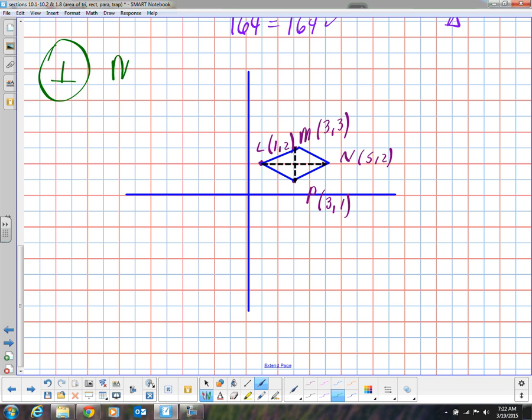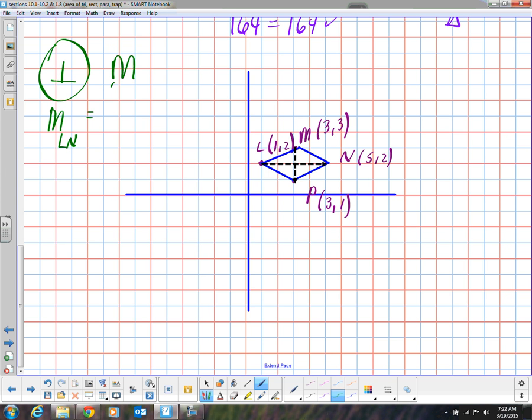Slope. So now we're going to find the slope of the diagonals. So we're going to first find the slope of LN. Midpoint, just because the diagonals bisect each other just makes it a parallelogram. It doesn't make it a rhombus. Rhombus diagonals are perpendicular.